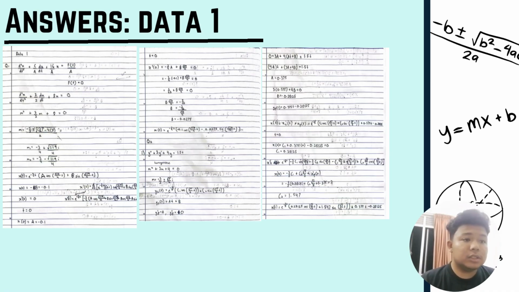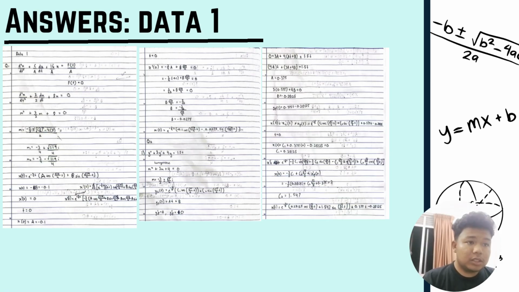This is a simultaneous equation, so we get a is equal to 0.375 and b is equal to negative 0.28125. y particular is equal to 0.375t minus 0.28125. To find x, we need to find y actually.